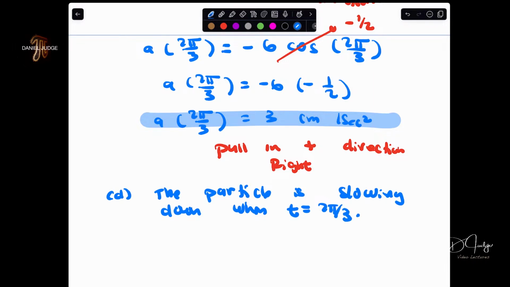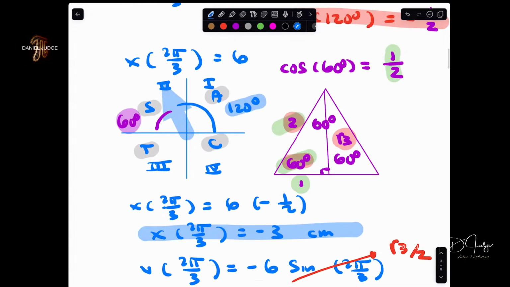So at that instant, the particle is simply slowing down. Okay, it might be moving in one direction, but it's being pulled in the other. So that slows you down. So, ladies and gentlemen, that's how we use calculus.